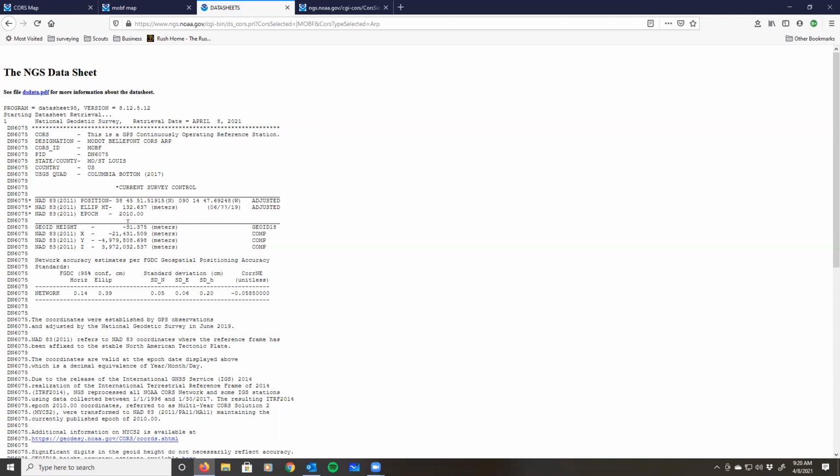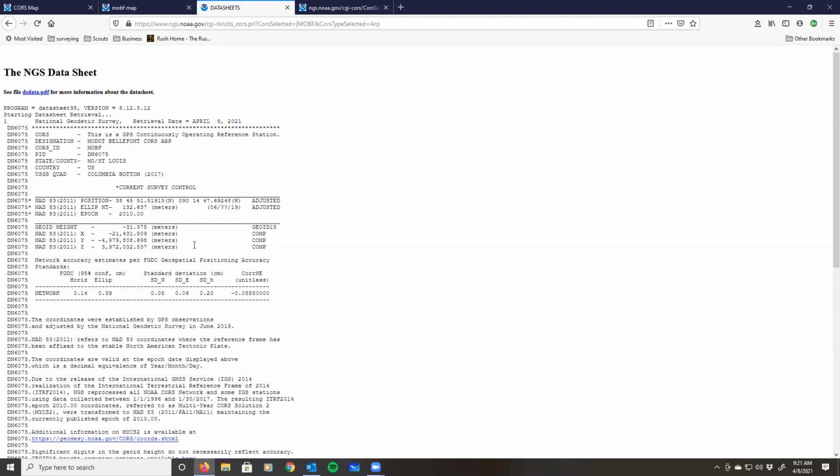So that means that the geoid is below the ellipsoid by 31.375 meters, which basically means that you take the ellipsoid height, 132.637, and subtract the negative geoid value, 31.375, which in essence adds 31.375.